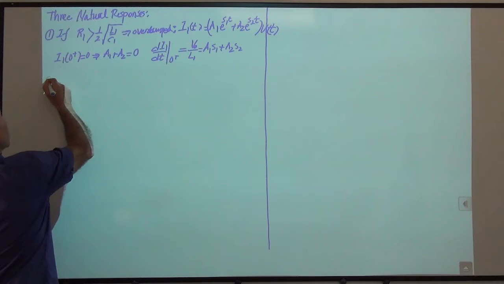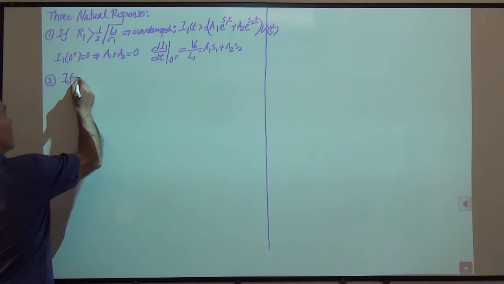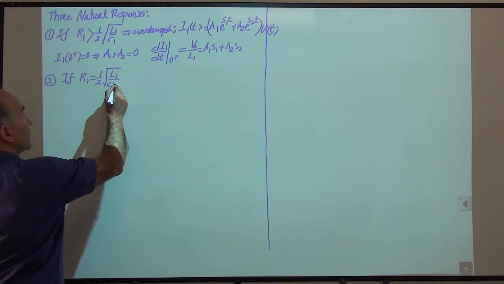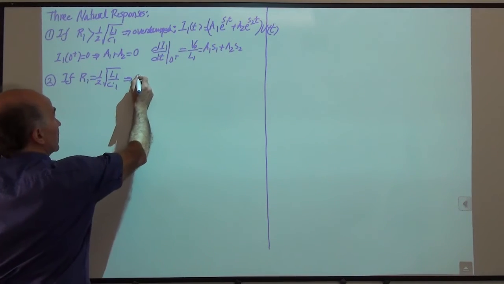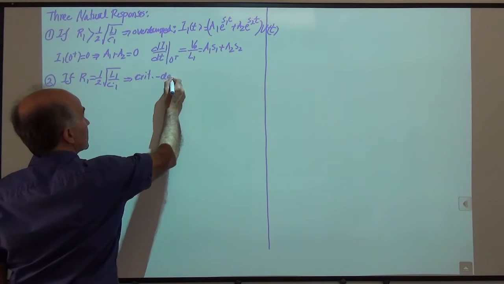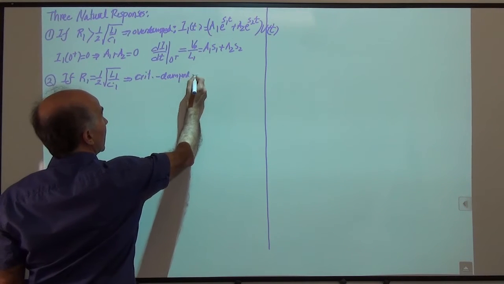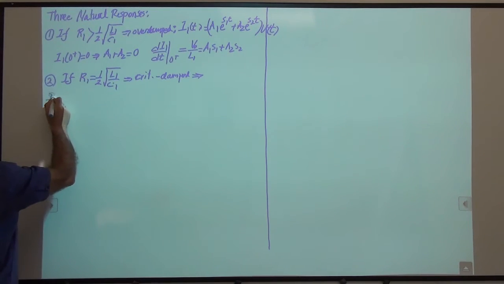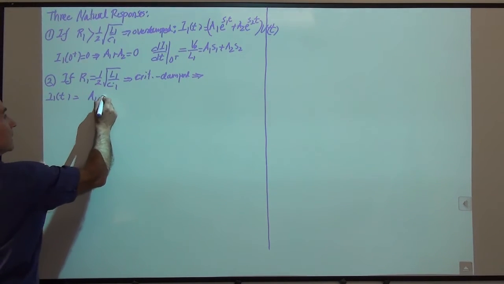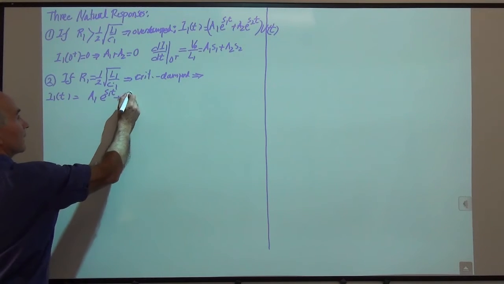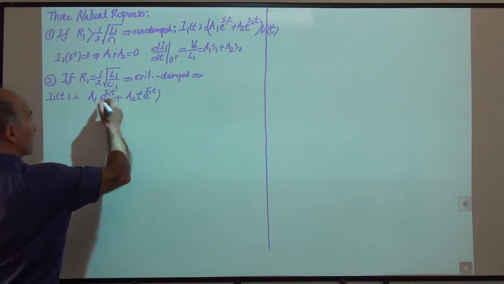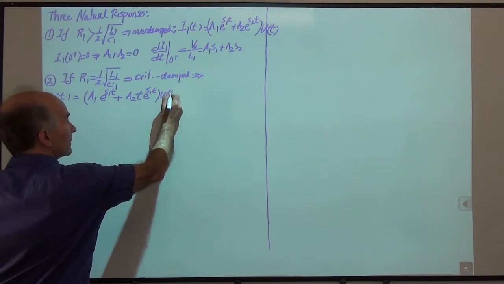All right, how about the other case? The next case is if we have equal roots for the characteristic equation, and that means we have a critically damped response. That means I1 of t is equal to A1 e to the s1t plus A2 t e to the s1t. And again, this takes a u of t, because it's 0 before time 0.